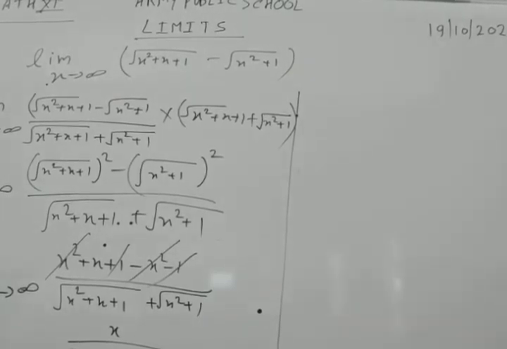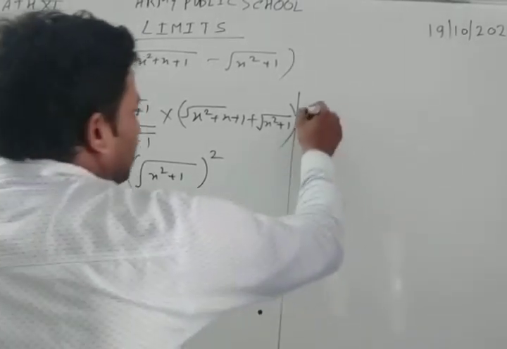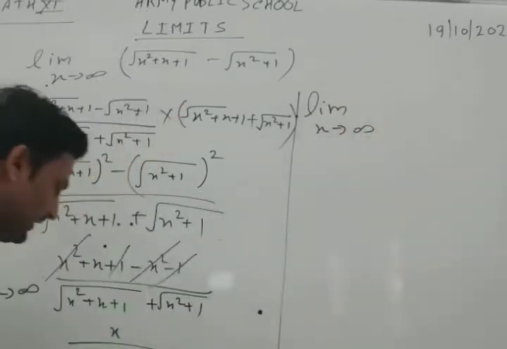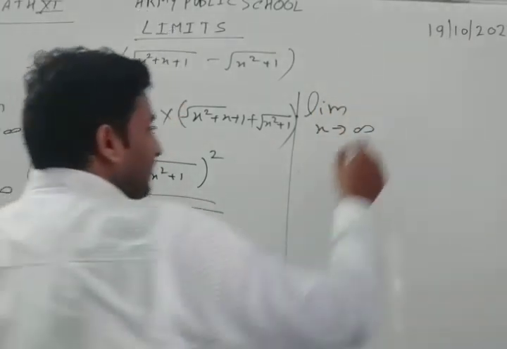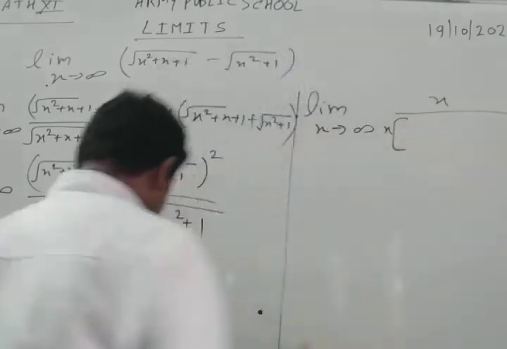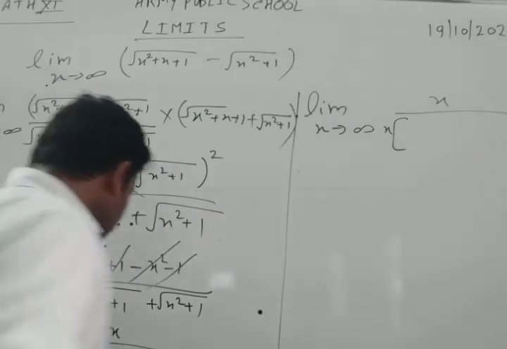Now what will we do here? Limit x tends to infinity, taking x common in the denominator. What we get?